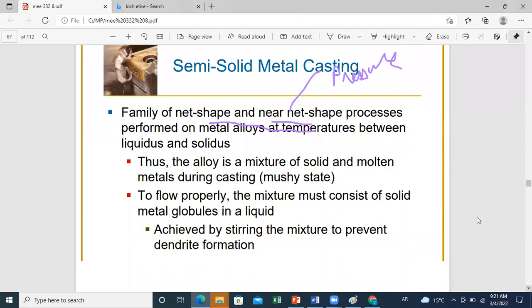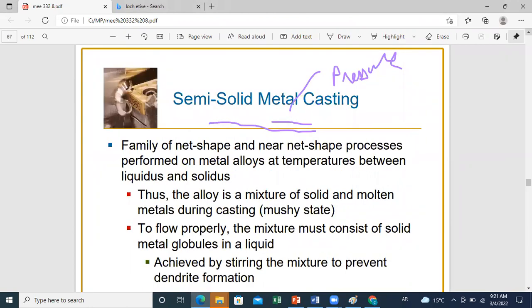Now, another type of casting is semi-solid metal casting, and it's a family of net shape and near net shape processes. This means that we don't have a lot of waste in these processes, and it's performed on metal alloys at temperatures between liquidus and solidus.